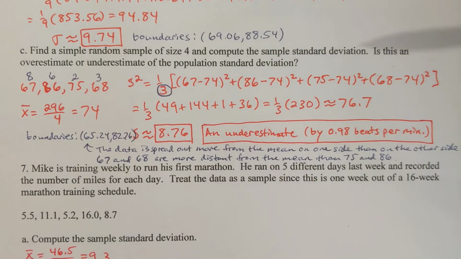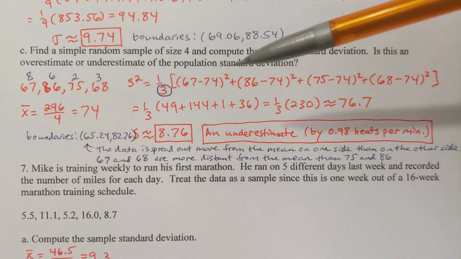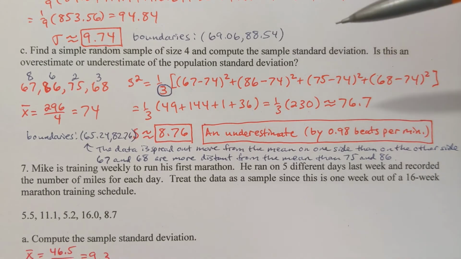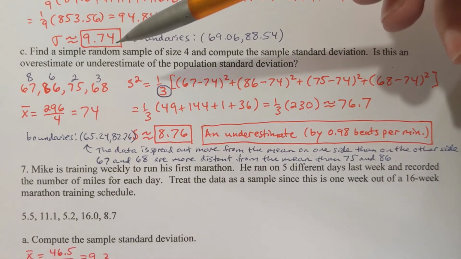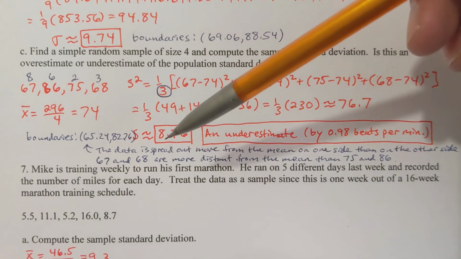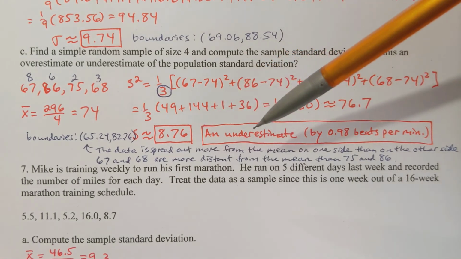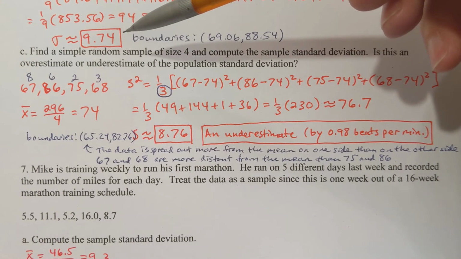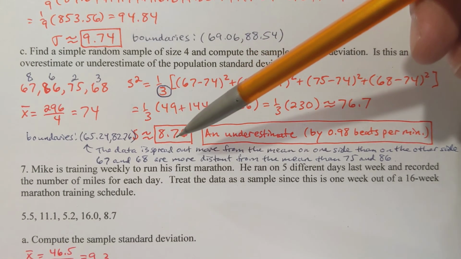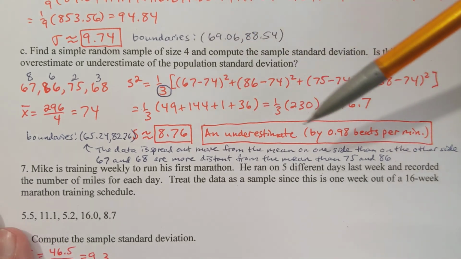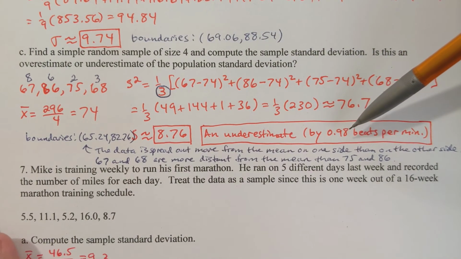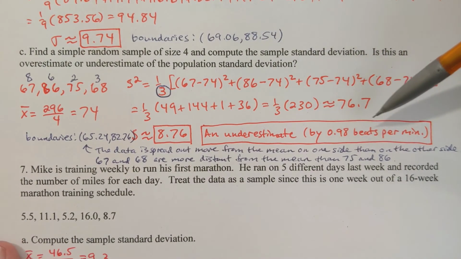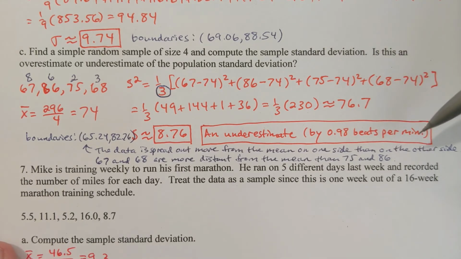Now they want us to answer the question, is this an overestimate or an underestimate of the population standard deviation? The population standard deviation was 9.74, and we got 8.76. That's an underestimate, because this number is smaller than the true standard deviation. The true standard deviation is where I use all the values, and I underestimated it by about 0.98 beats per minute.